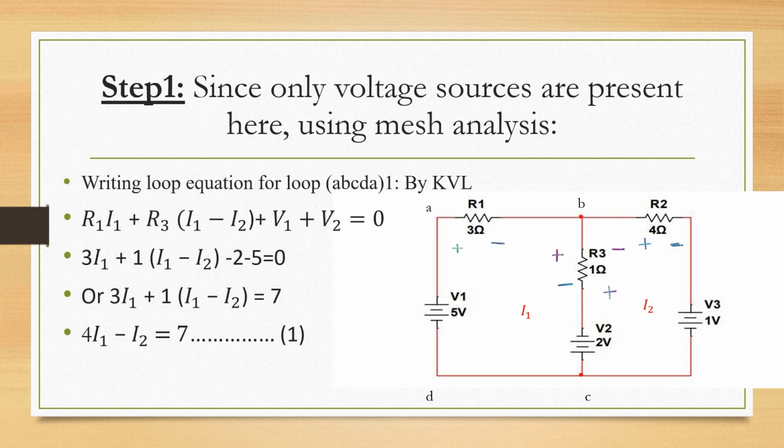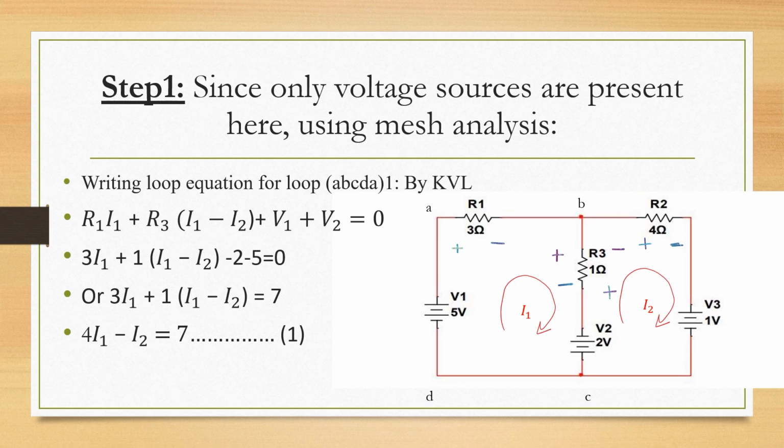So now I have 2 loop currents I1 and I2. When current is entering any device, the polarity is positive, and when it is leaving that component, the polarity is negative. So that's why for R1 the polarity is first positive, then negative, then R3 positive, negative.